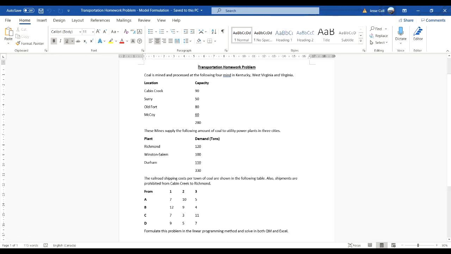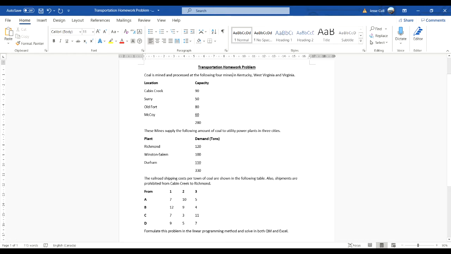Coal is mined and processed at the following four mines in Kentucky, West Virginia, and Virginia. Here's the location: Cabin Creek, Surrey, Old Fort, McCoy. Here's our capacity: 90, 50, 80, 60, for a total of 280.